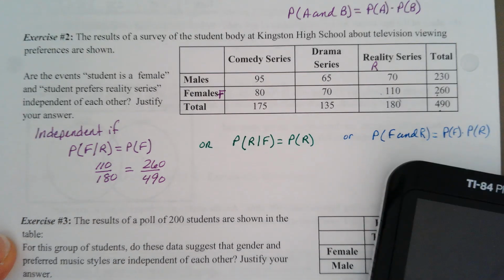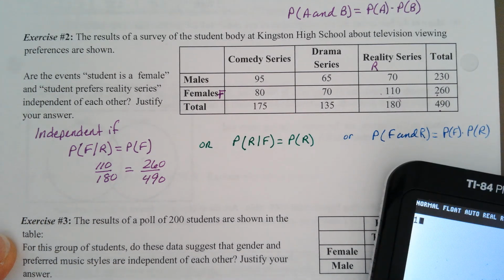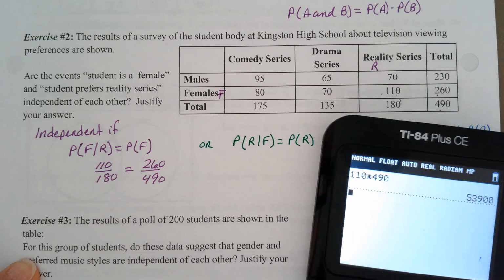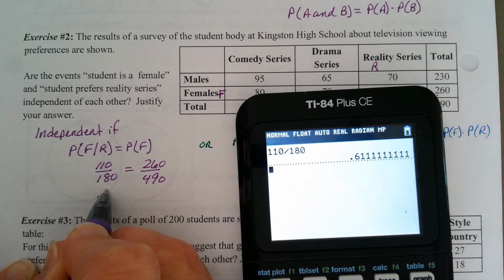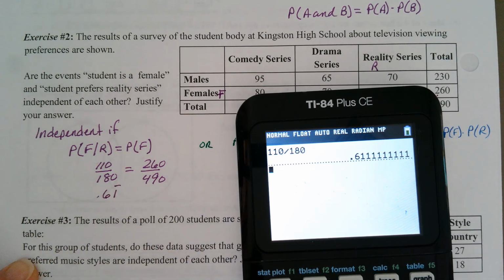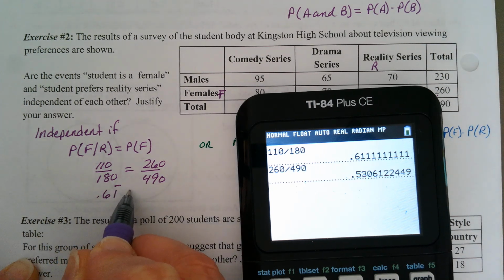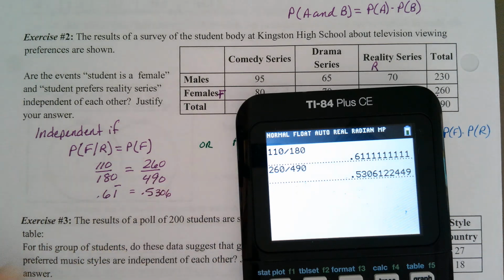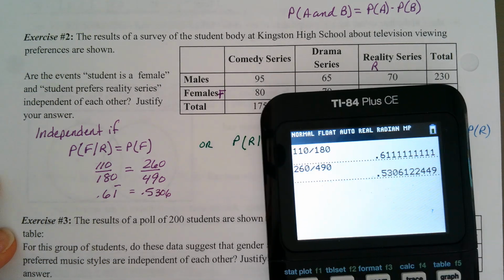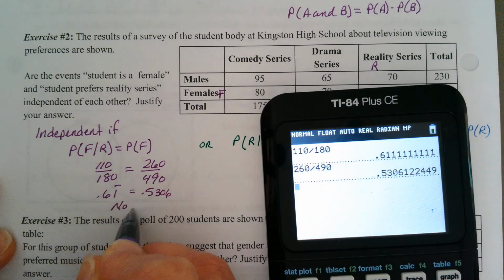Are they equal? 110 divided by 180 is 0.61 repeating, and 260 divided by 490 is approximately 0.5306. So no, they are not independent.